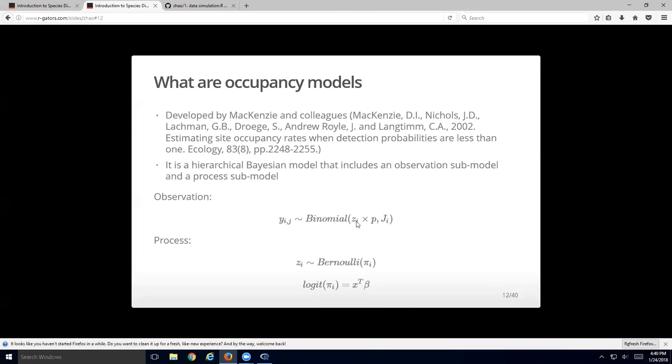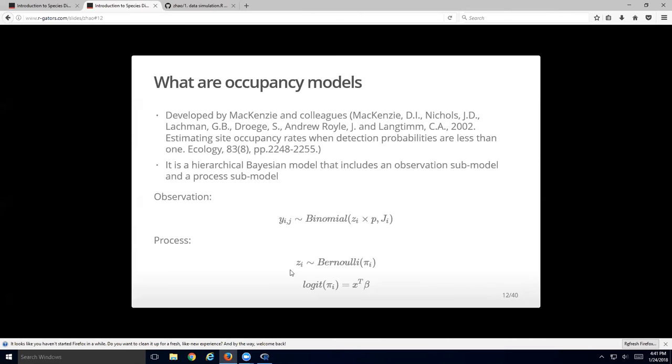But when Z is 1, which means the species is there, the detection probability will be just P, which means you have a probability to detect it and record a 1. But you also have a probability of 1 minus P to miss that species and record a 0.